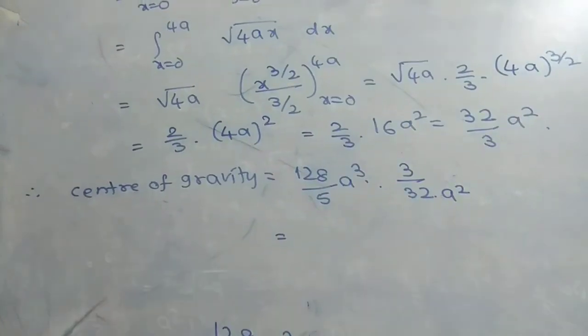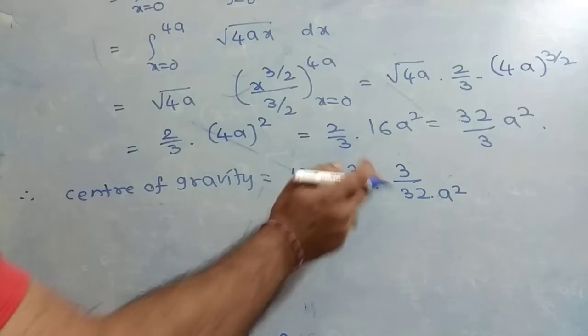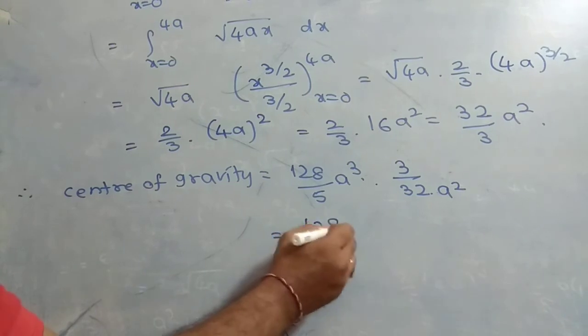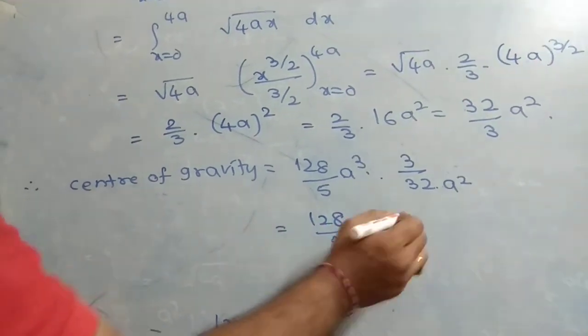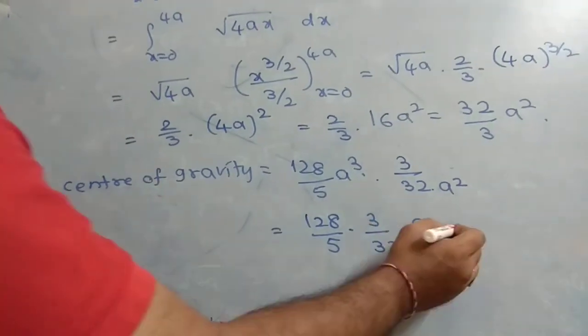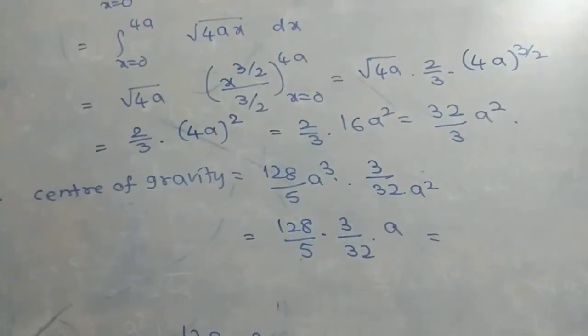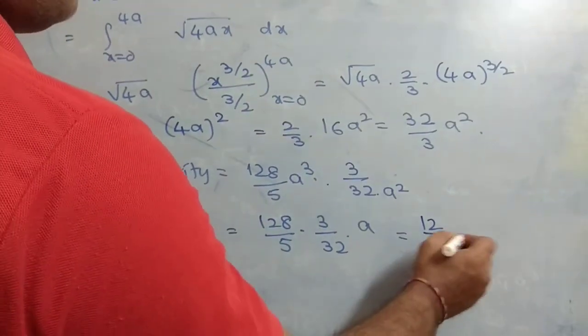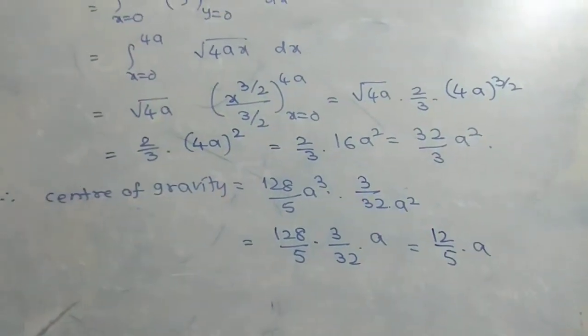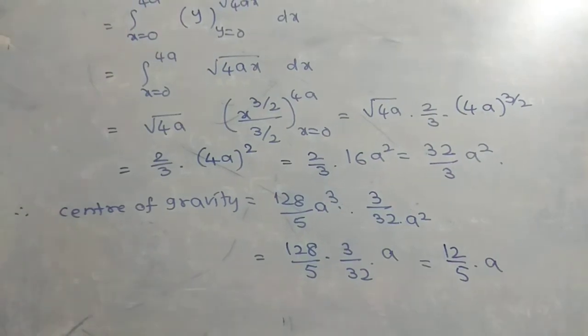So I am making the simplification. It is a is cancelled, 128 by 5 into 3 by 32, and this is only of a, that is equal to 12 by 5 into a. So this is your center of gravity corresponding to the given problem.